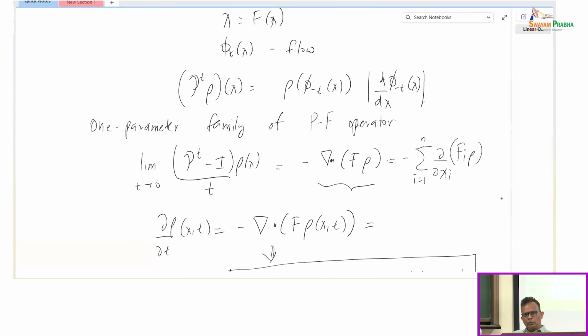As I was referring to, the main advantage is that if you formulate the control problem in the Perron-Frobenius framework, you actually get a convex problem. You convert this non-convex problem to a convex problem. More on that when we talk about control.